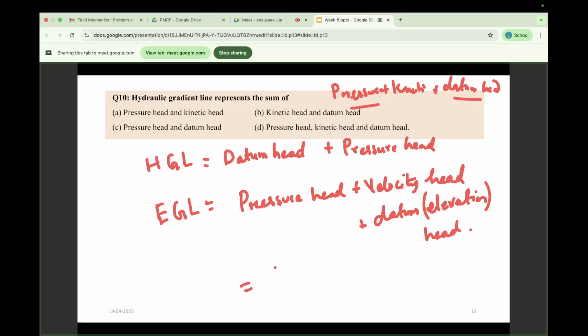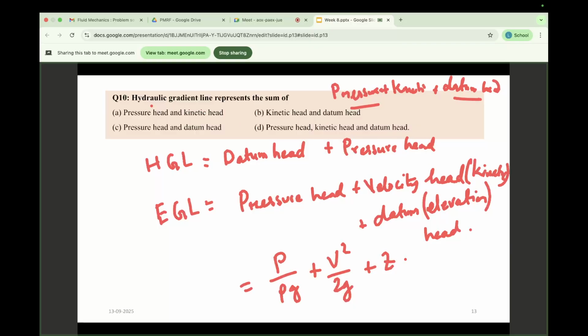Pressure head means P by rho g, velocity head is v square by 2g, and datum head is z. So in the case of HGL, there is no velocity or kinetic term.